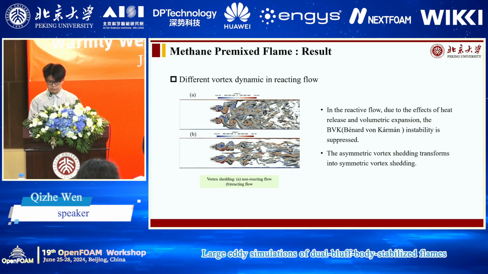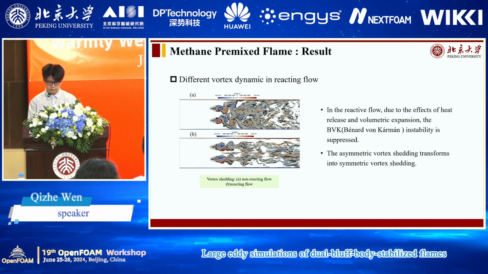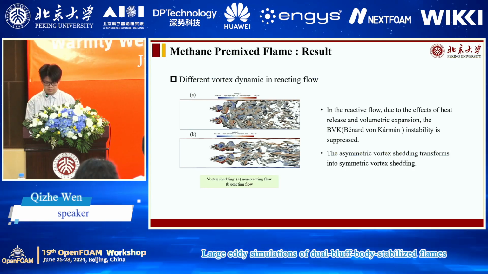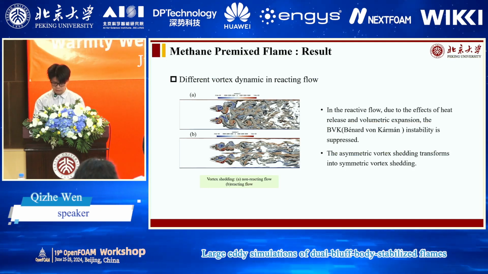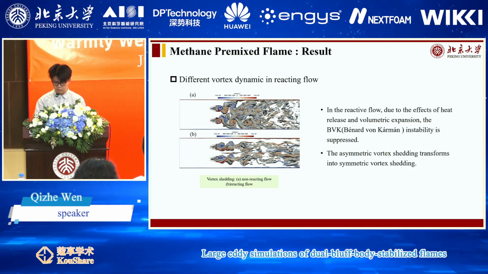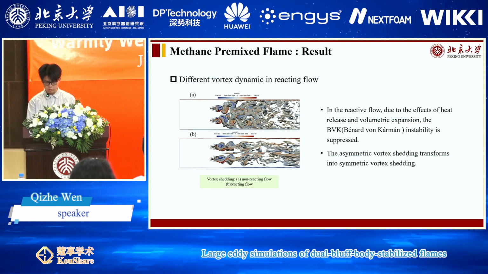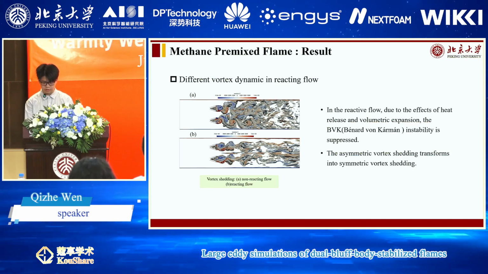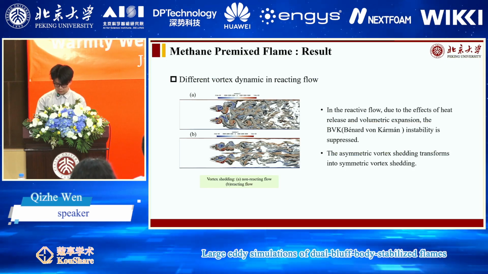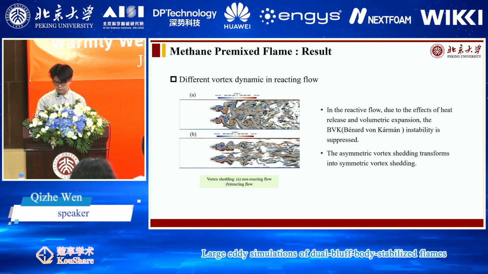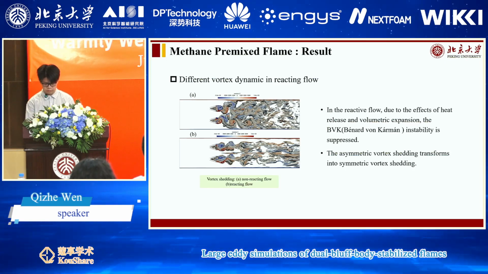However, in the reacting flow, the effect of the heat release and volumetric expansion suppresses the BVK instability. This transforms the asymmetric vortex shedding into symmetric vortex shedding, and the lateral movement of the vortex is confined to a small range.